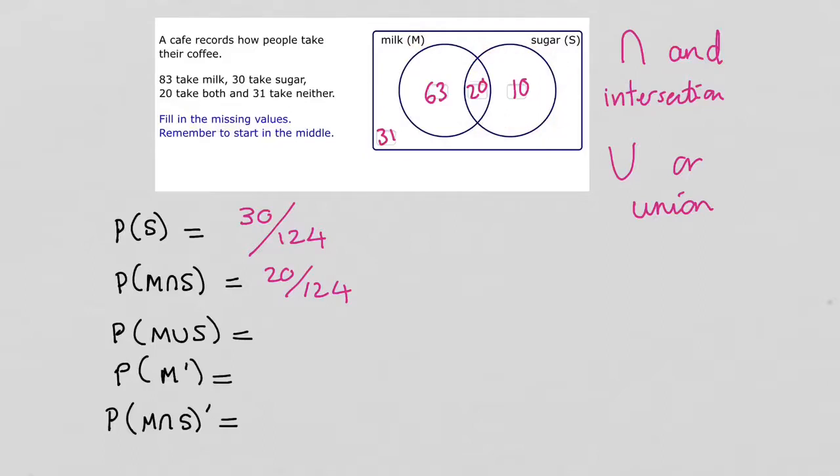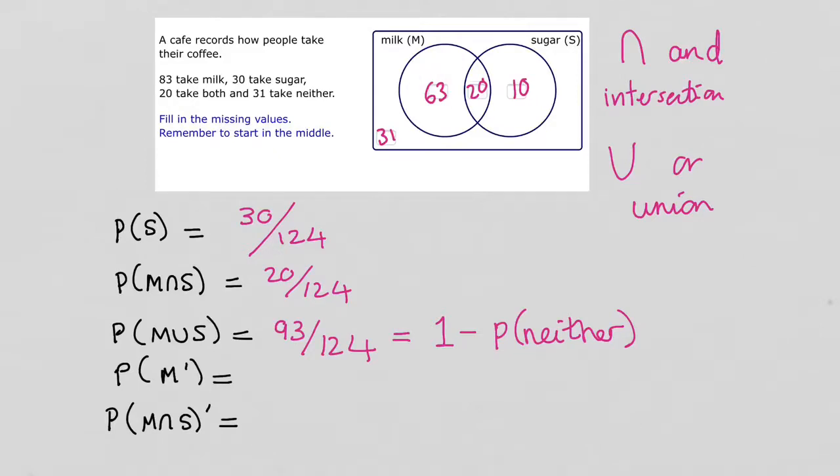So 63 plus 20 plus 10, 93 people out of 124 take milk or sugar. You could actually work out the same by doing 1 minus the probability of neither. So that's the same, isn't it? If you take that away from 1, you get everything in there.